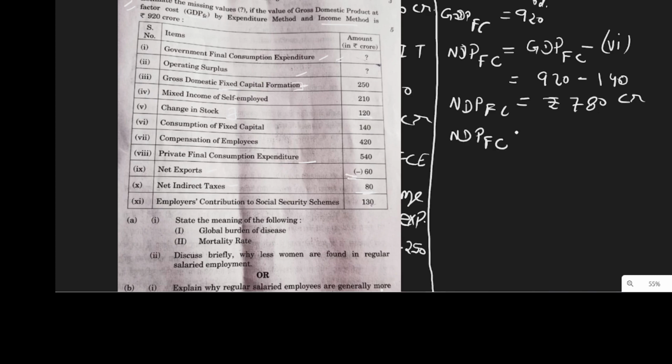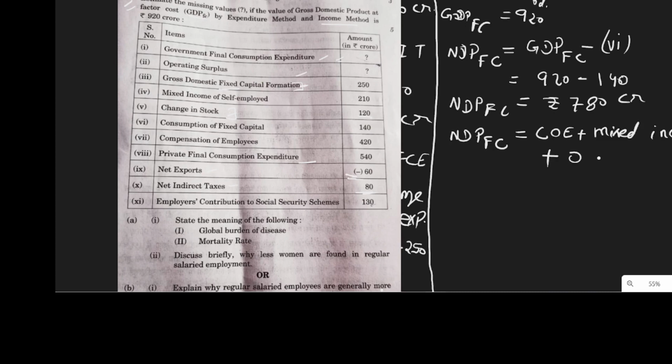NDP-FC equal to, what is this? Incomes will be added. So compensation of employees. Are we given? Yes, compensation of employees is given directly, plus mixed income of the self-employed, yes, mixed income. Finally, operating surplus that I need to calculate.